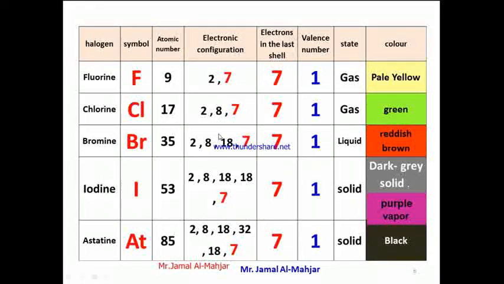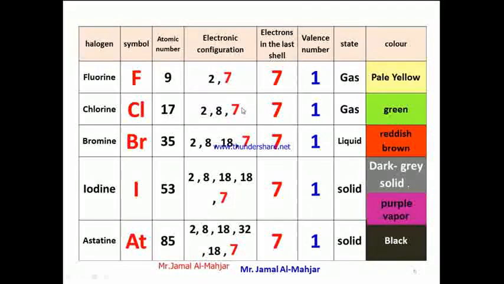But now the general point: the atomic number increases from top to bottom and decreases from bottom to top. By increasing the atomic number, the reactivity decreases. It means fluorine is the most reactive and iodine is the least reactive. And I said we ignore astatine from our studying.